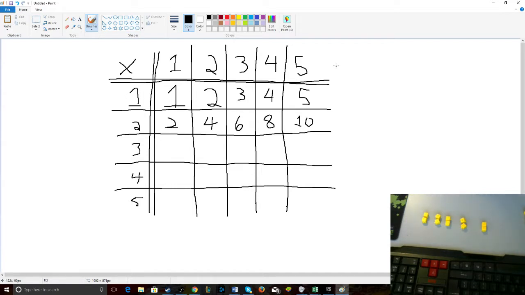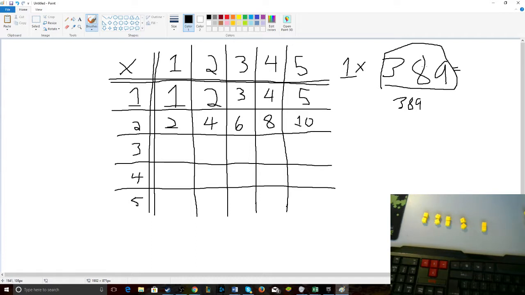So 1 times 389 is going to be 389. So whatever number is in this circle, whenever you're multiplying that by 1, it's always going to be the same number below.